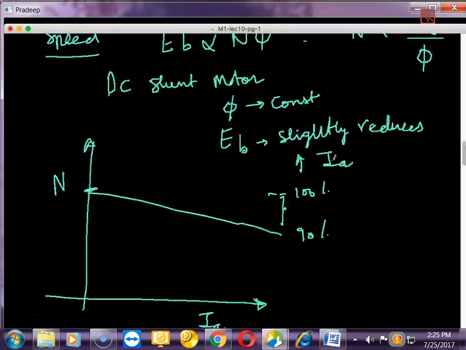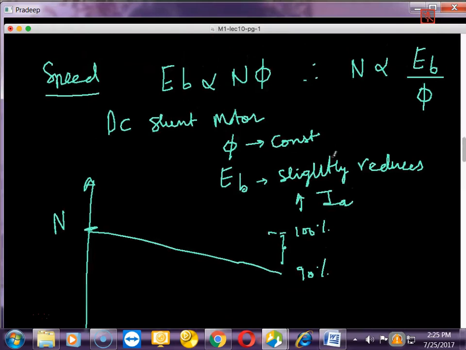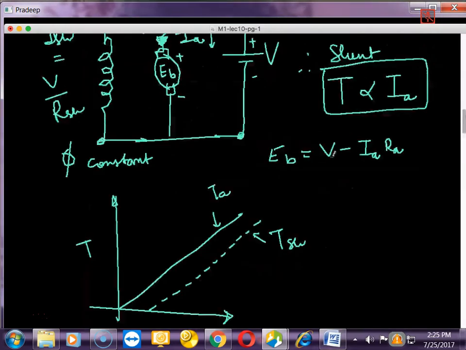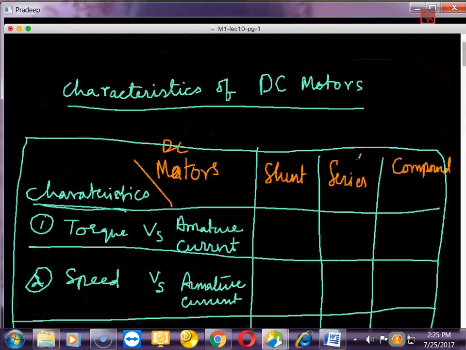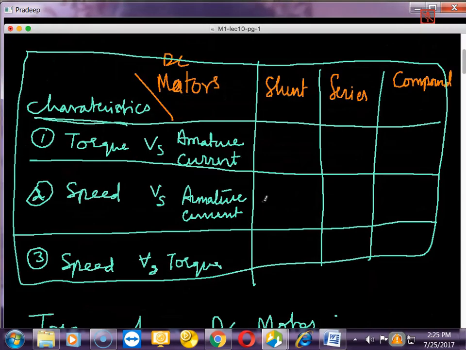So let me just update it in the above. The x-axis is Ia and the y-axis is torque.